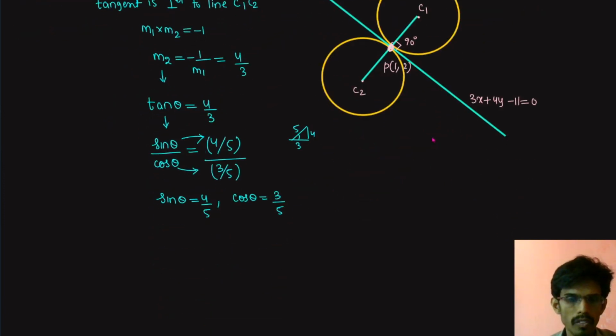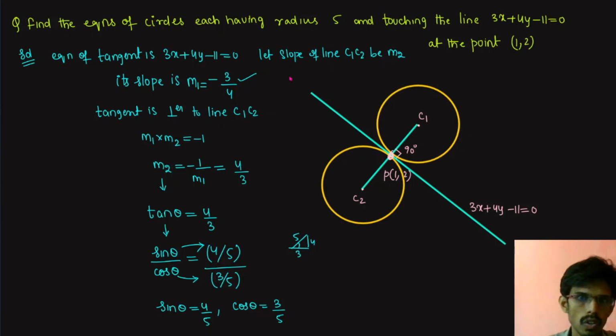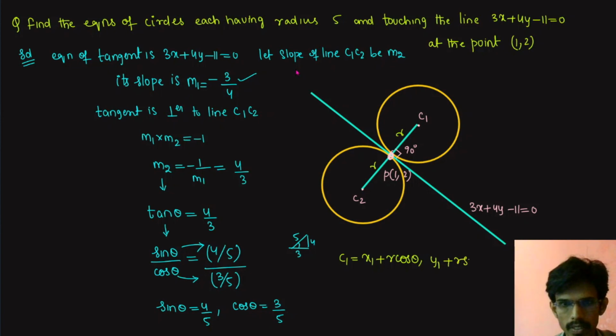Now we know the distance r from point P to C1. Here also we know the distance. So let us use the symmetric or parametric form of a line, that is, x1 plus r cos theta, y1 plus r sin theta, because we know x1 y1 here, it will be the point P. Let me draw this here.